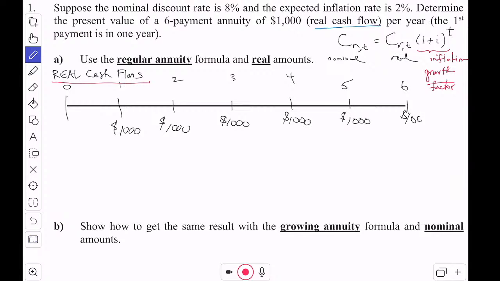What it means is that based on time now, you're going to get the equivalent purchasing power of what $1,000 buys you today. So if $1,000 buys you a laptop today, you should be able to buy a laptop at the end of the year. You should be able to buy another laptop at the end of the second year, and another at the end of the third year.